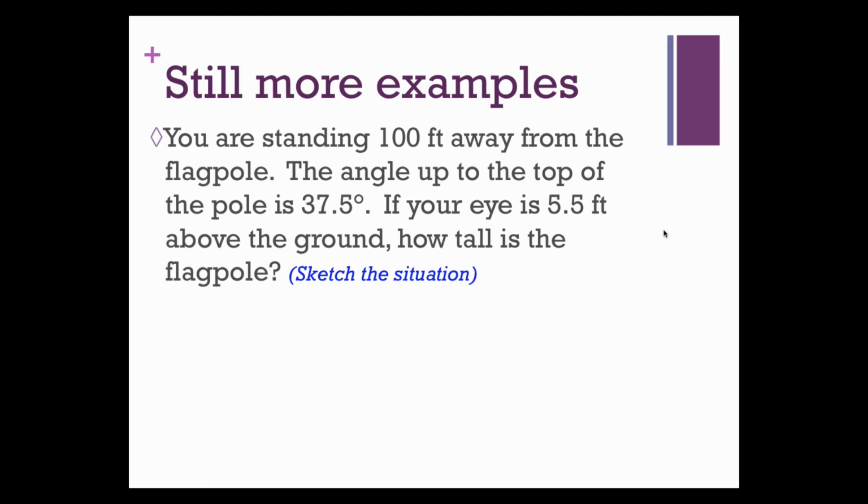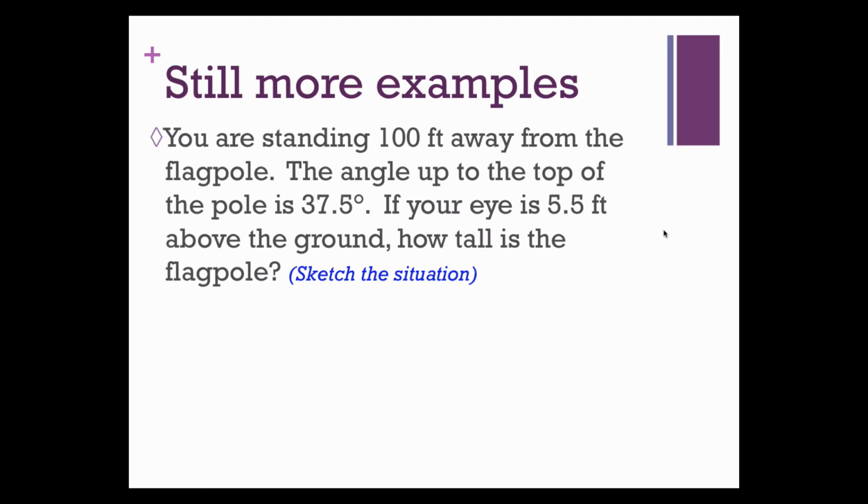We need to make two assumptions to solve this problem. What are those assumptions? Yes? That the flagpole is perpendicular to the ground. Number one is that the flagpole is perpendicular to the ground, because most flagpoles would be.